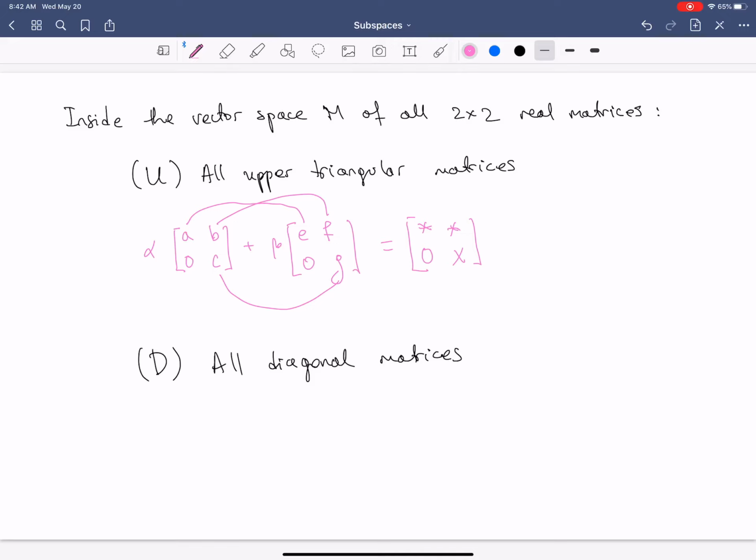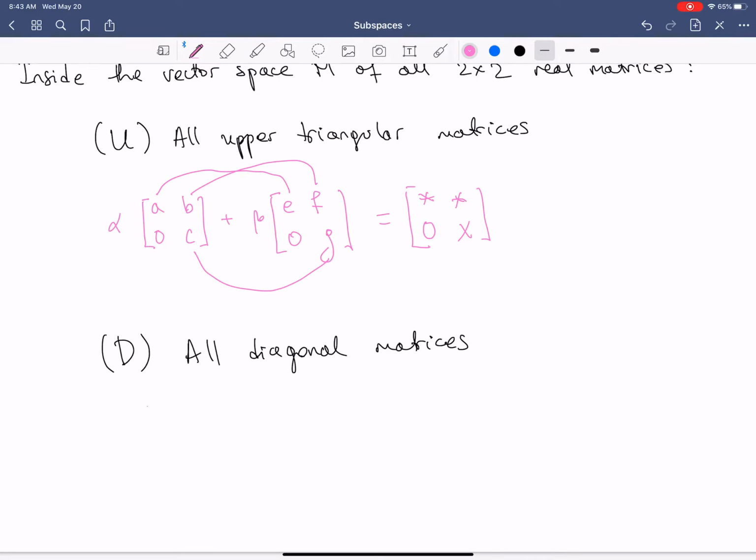By a very similar argument, you can replace upper triangular with lower triangular and get the same answer. And in fact, when you put those two together, you get the space of all diagonal matrices. So you have a matrix here, A, 0, 0, B, a diagonal matrix, and you add it to another matrix C, D with zeros. You can add whatever constants you want here, alpha and beta.